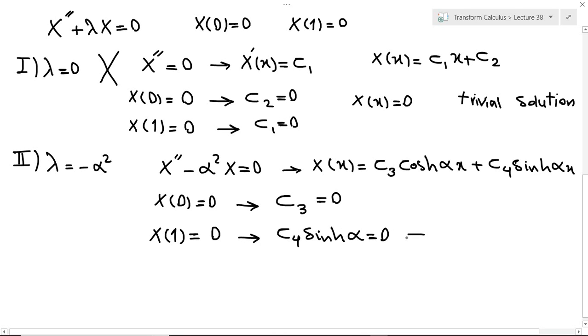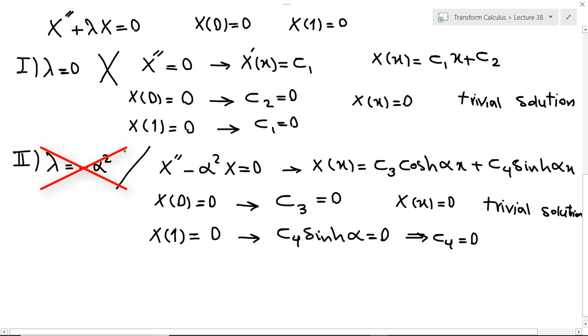As a result, in this case, C4 should be equal to 0. So again, we ended up with C3 and C4 equal to 0. So it means that X of x is equal to 0, and it's a trivial solution as well. So lambda cannot be a negative number.